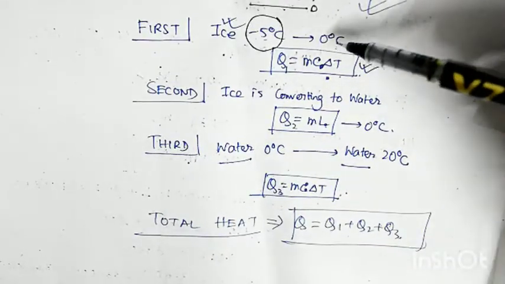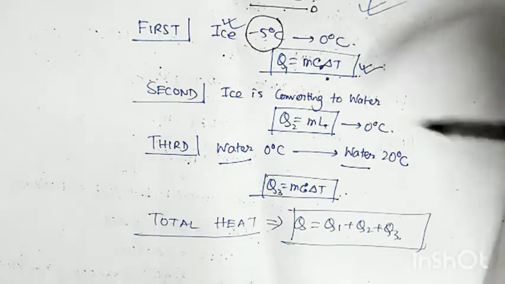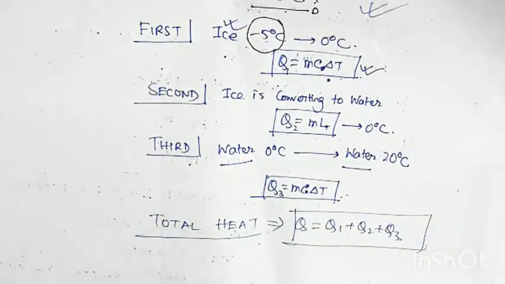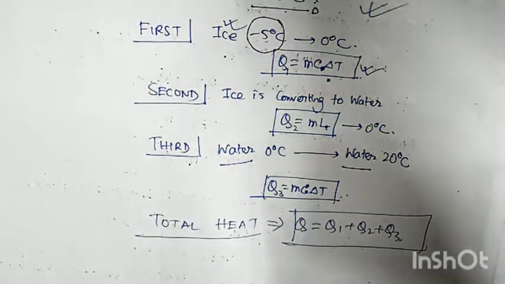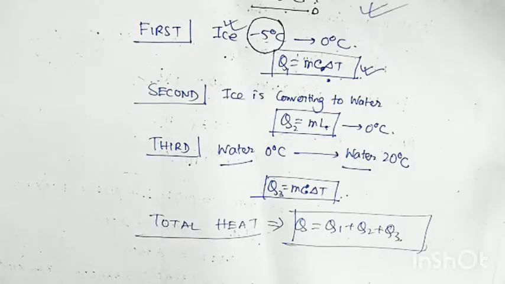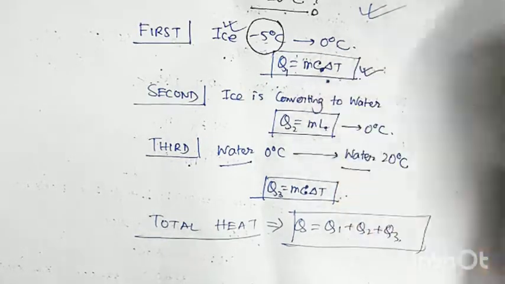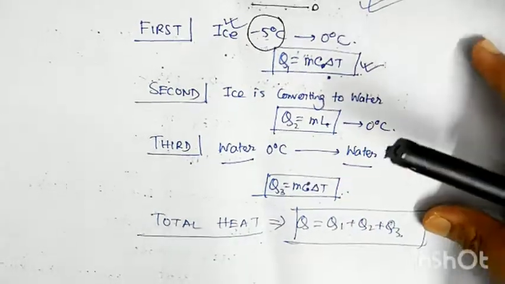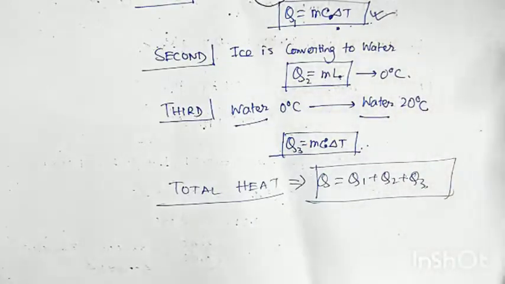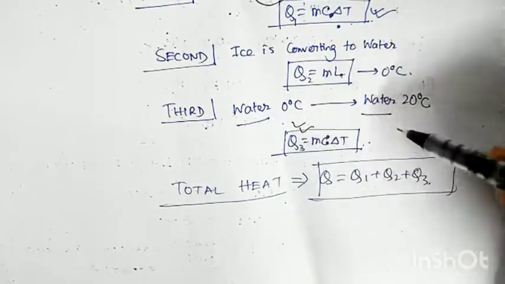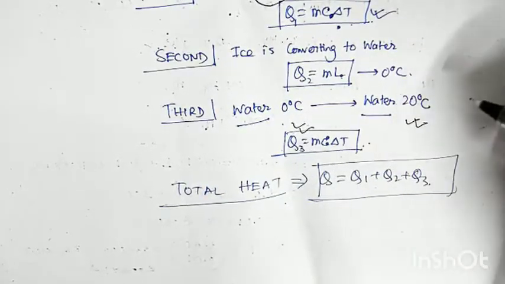The next part, what happens? The ice which was at 0 degrees centigrade becomes water. So in the next stage, we are going through a phase transition. Clear? So we just need to calculate the latent heat for this portion, and Q2 equals mL. Very easy. And in the third case, the water at 0 degrees centigrade is again heated up to 20 degrees centigrade.